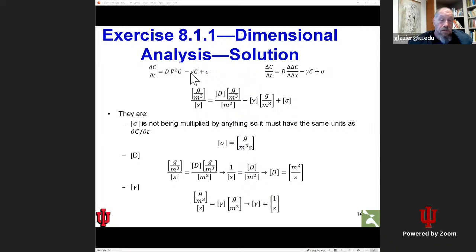There's only one way you can do it. And you have the units here. Remember, the units of D are length squared per second. The units of decay are per second. How can I combine D and gamma to get units of length?